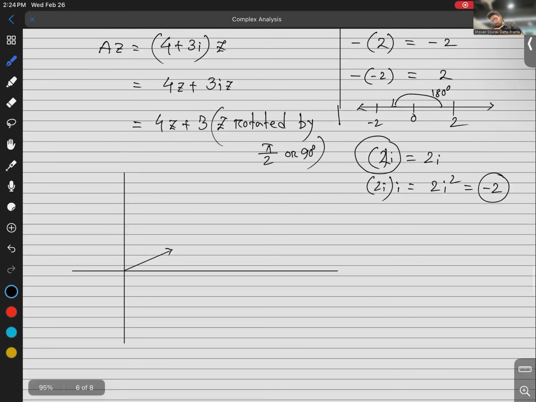So what is happening here? z will be multiplied 4 times.